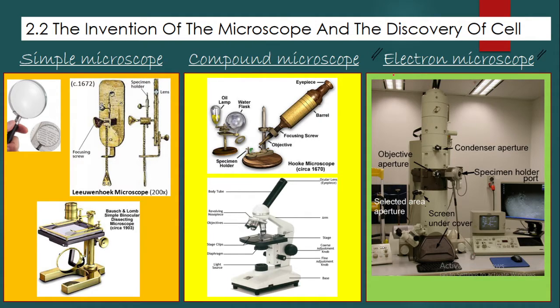Here we also need to understand that just magnifying is not sufficient. For example, using your mobile phone, you may take a photo. After you have captured a picture, using your fingers, you are able to zoom into the picture.